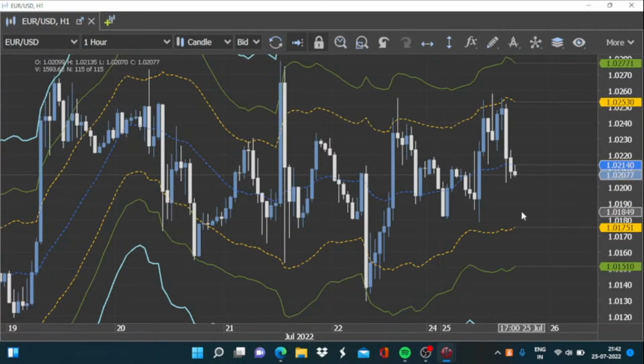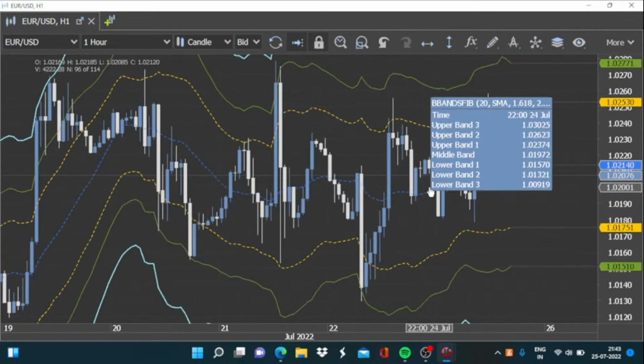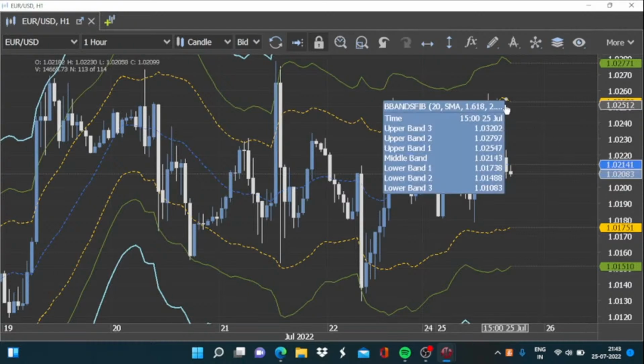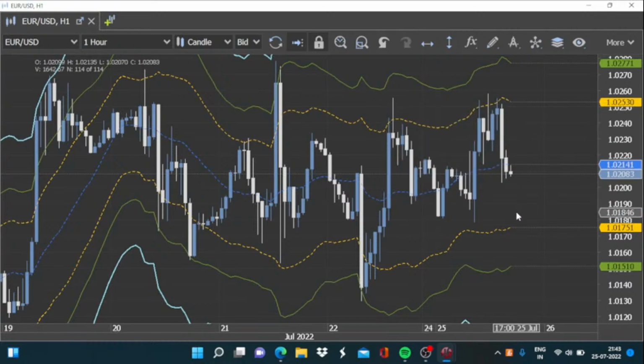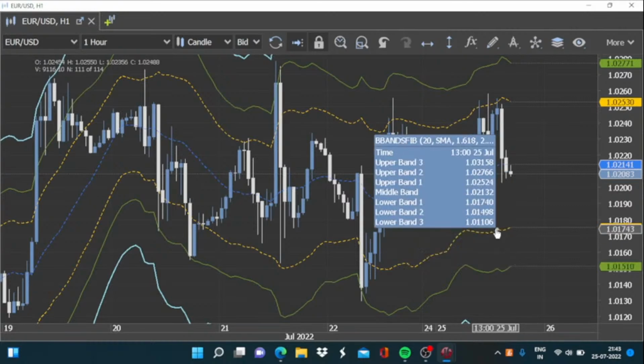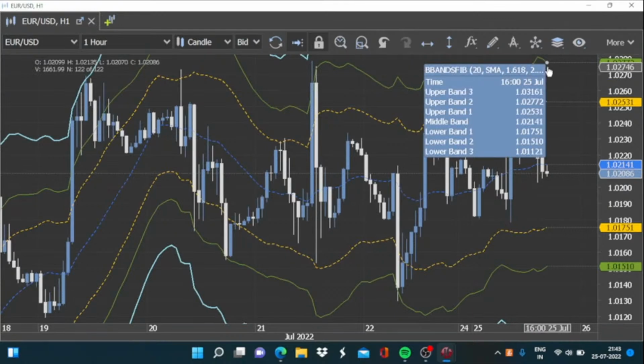So there is this concept of going with the trend, and for capitalizing on the trend, it is better to go with the flow, but you also apply the range, and for that we are using these Fibonacci ratios. As I said, we can utilize these three bands, the lower bands as the support range and the higher bands as the resistance zone.